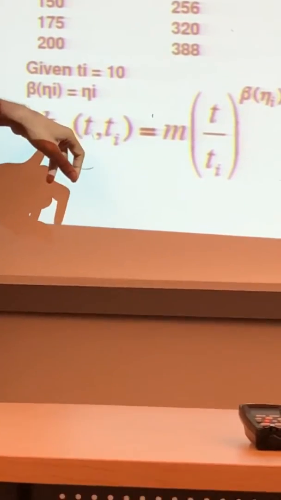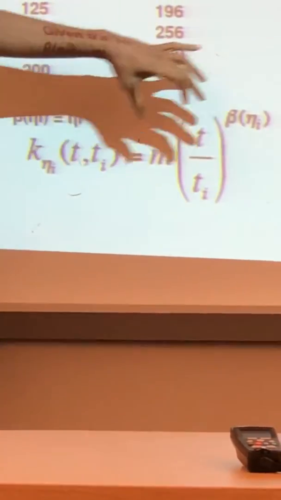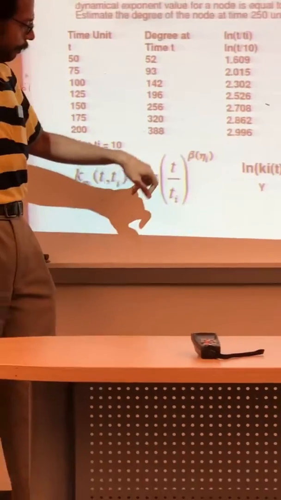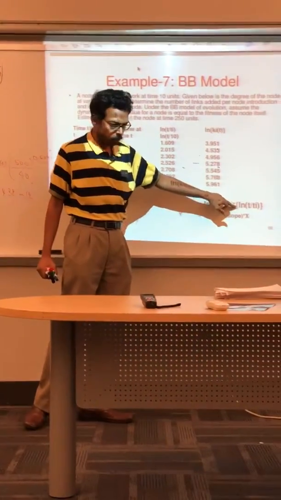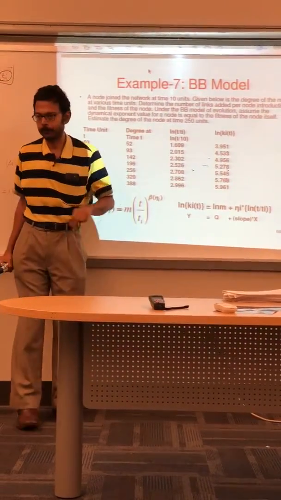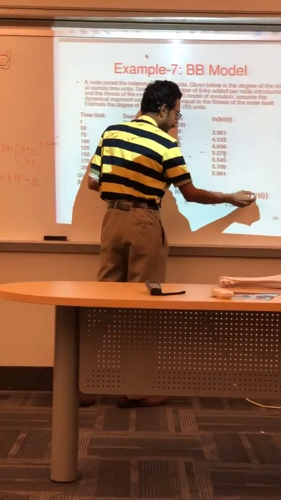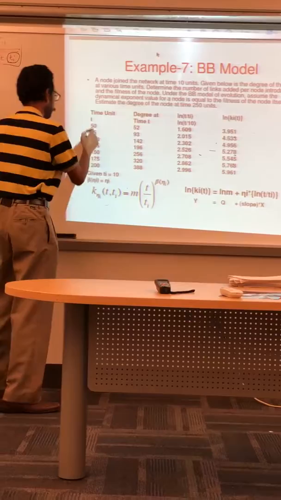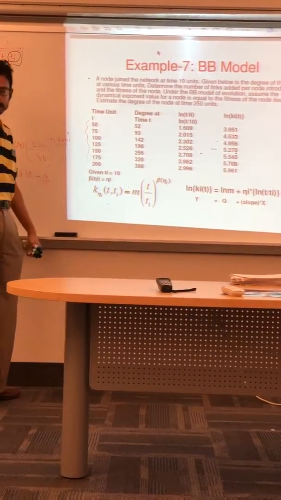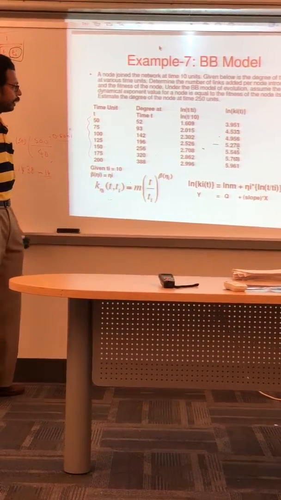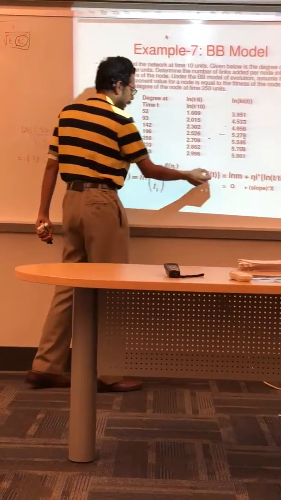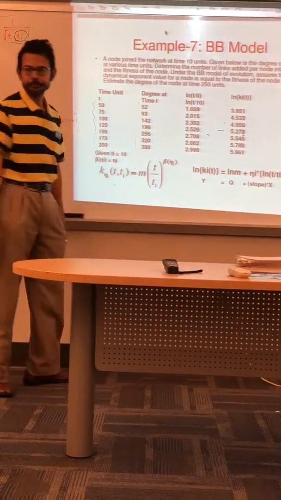If you take logarithm on both sides, log k, the degree, is log m plus eta times log of t over ti. What is given is t over ti, because we're given the different future time units, and the joining time ti is 10. And you're given the corresponding degree values.